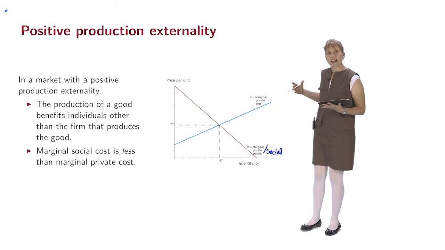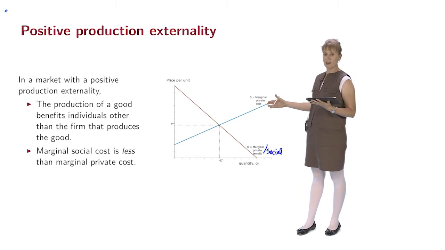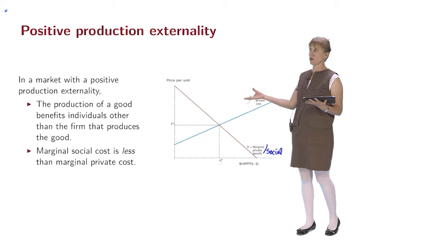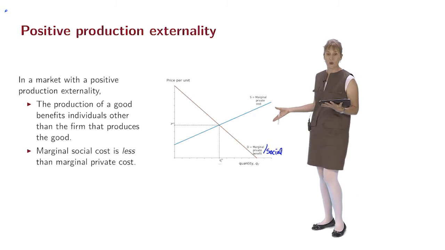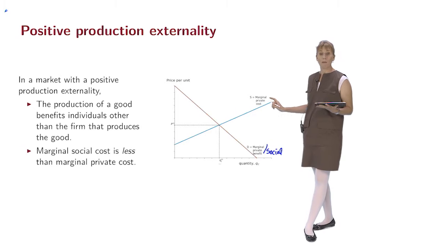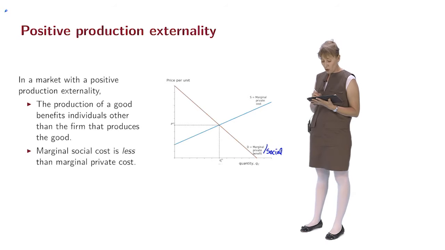However, since the producer of this good, who bears these private costs, reduces costs to other producers, like the orchardists, we need to sketch in a new marginal social cost curve that is lower at all levels of output than private costs.